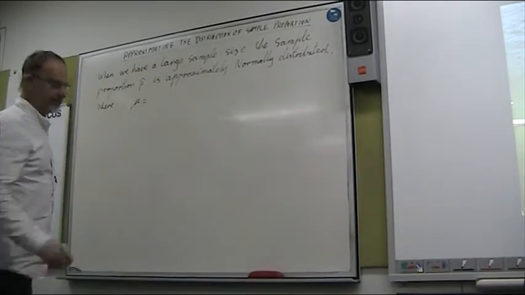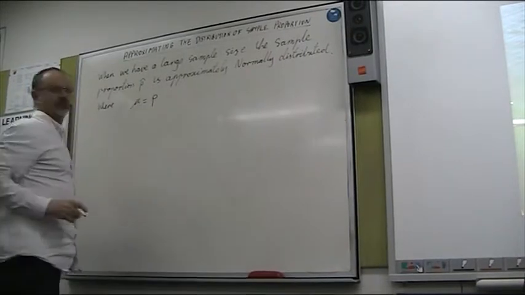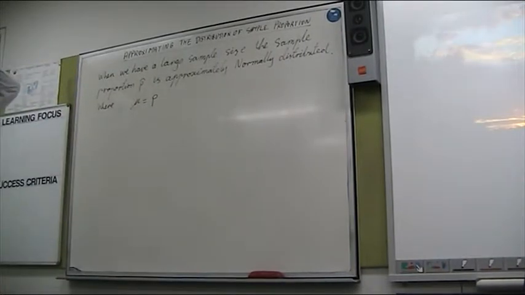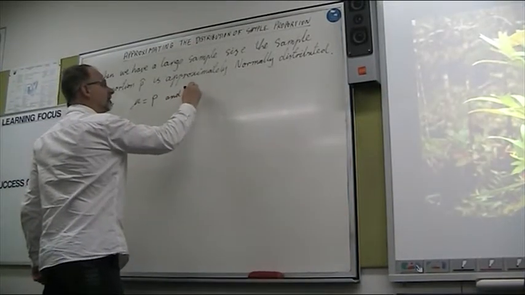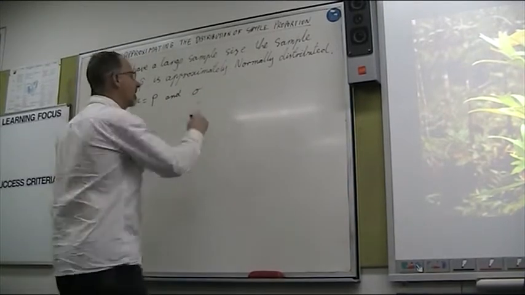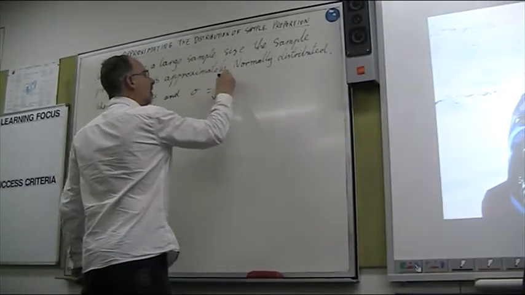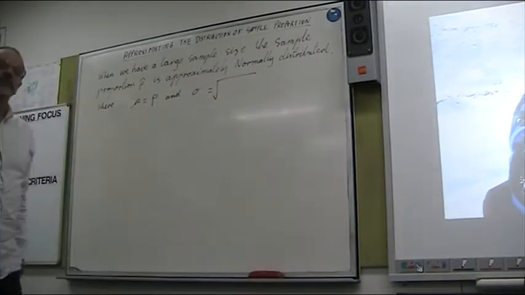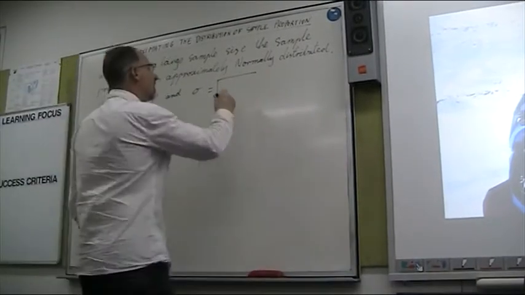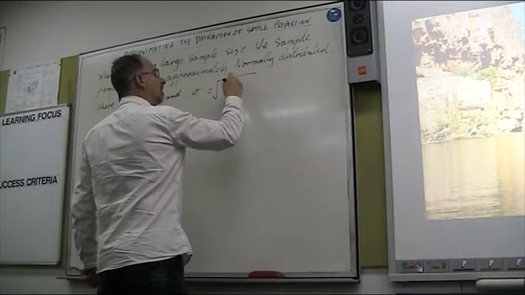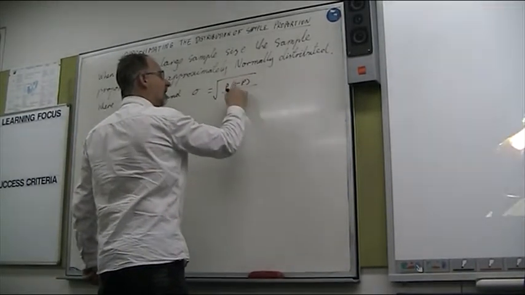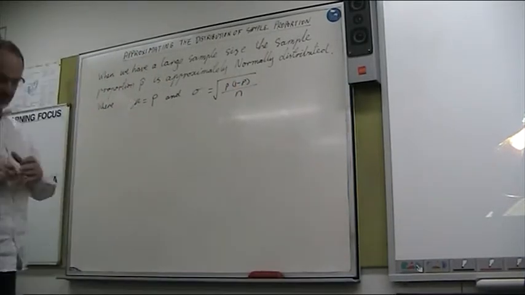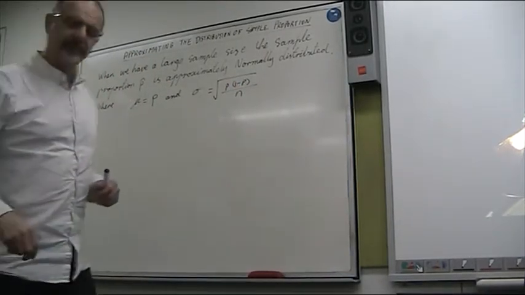The mean is equal to the population proportion, and the standard deviation that we use for the normal distribution would be the square root of the population proportion times 1 minus the population proportion, over n, which is our sample size.